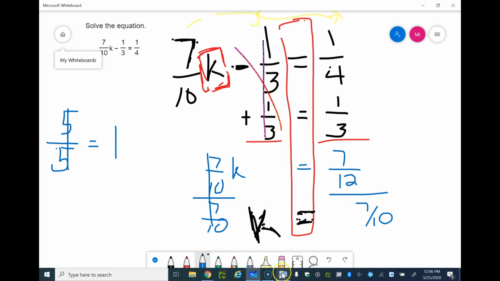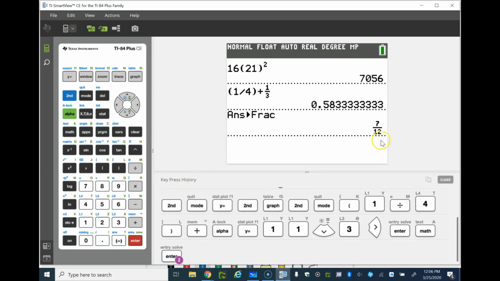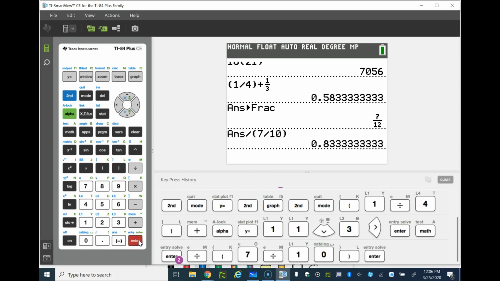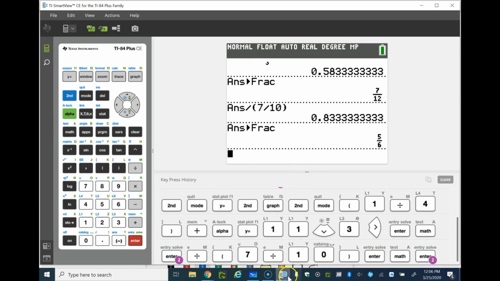So if I come to the calculator again and divide it by 7 over 10, since it's already in there, I can just hit divide. 7 divided by 10, and then change it to a fraction. My answer should be 5 over 6.